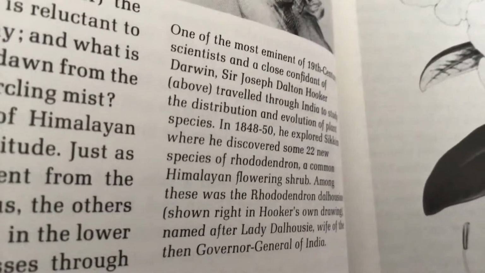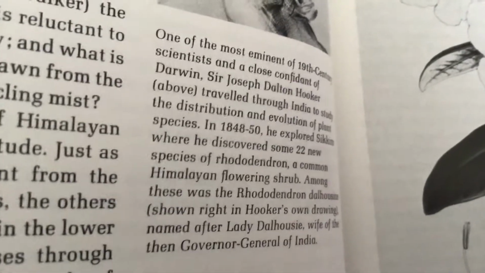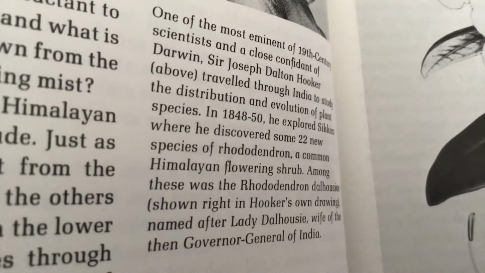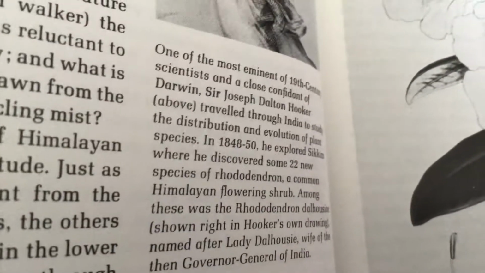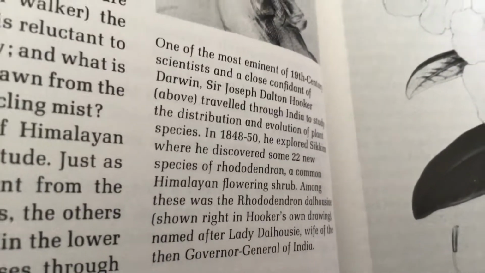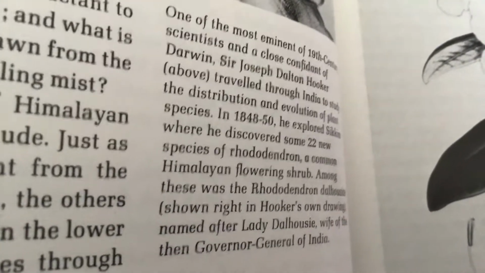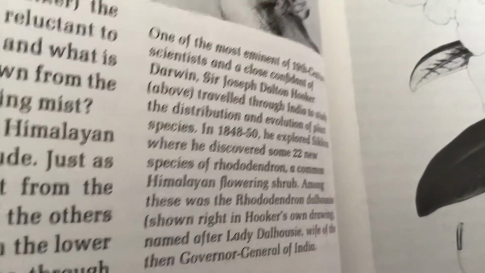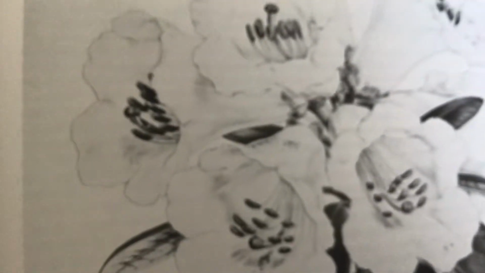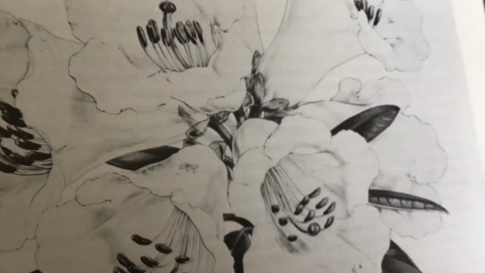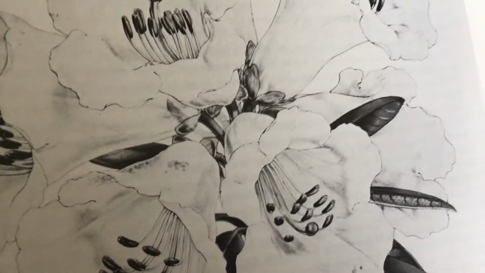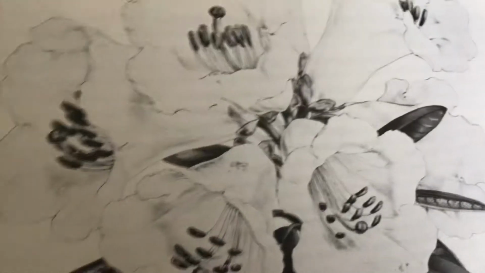Among these was Rhododendron dalhousiae, shown in Hooker's own drawing, named after Lady Dalhousie, wife of the Governor-General of India. See? This is the Rhododendron dalhousiae.